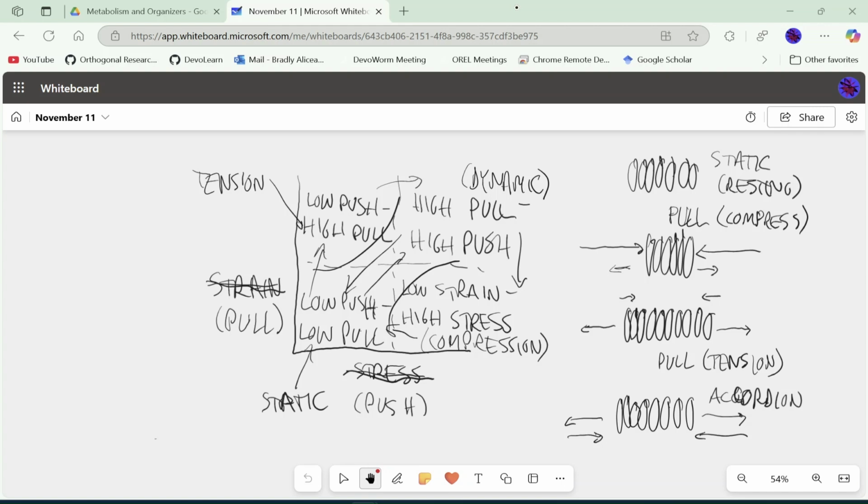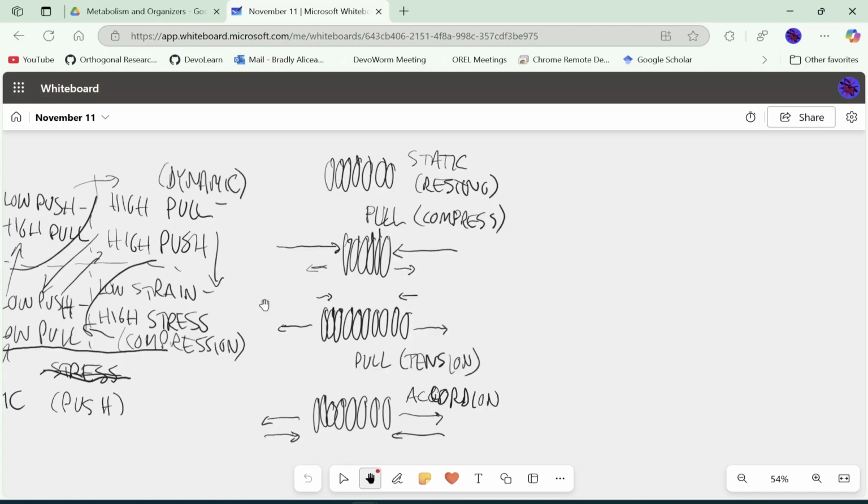What's interesting about the accordion model, though, is that you can hook this up to an oscillator. So if we have like an oscillator, like a sine wave, we can actually hook this into the accordion. And we can play this in sort of this rhythmic way where we have tension and compression, tension and compression.